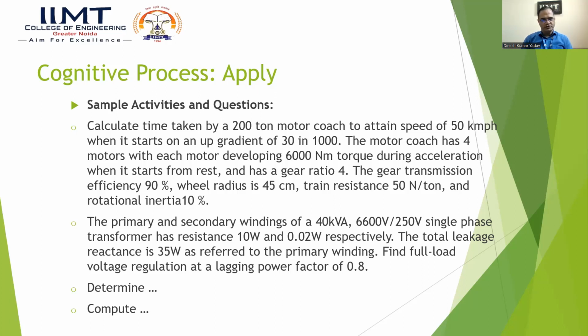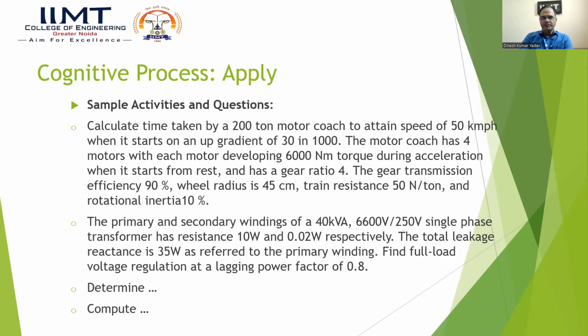In the second question, the question reads: the primary and secondary windings of a 400 kVA 600 volt 250 volt single phase transformer have resistance 10 ohm and 0.2 ohm respectively. He has to find the full load voltage regulation. Again, the full load voltage regulation is to be calculated by means of some formula which is pre-defined.